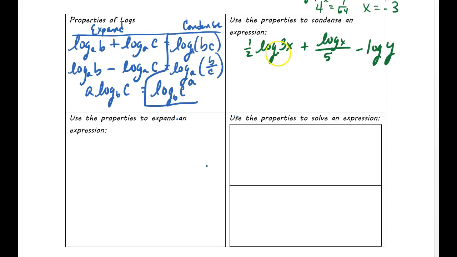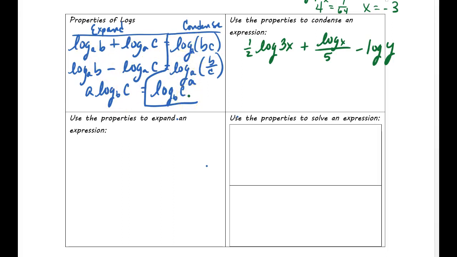I didn't write a base on these, which is fine. It just means that's base 10, base 10, and base 10. So all the bases are the same. So we just start working off these rules backwards. It's giving you this, and you're trying to turn it into that.